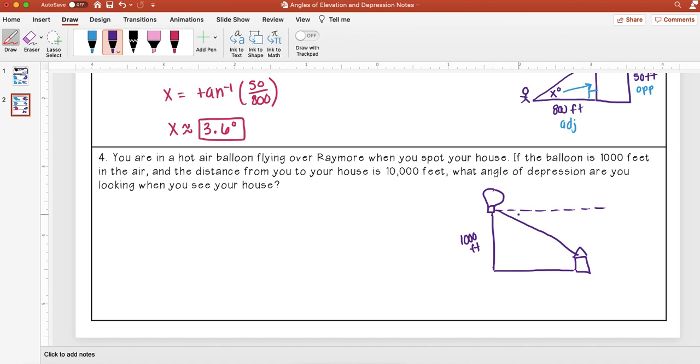So I want to know what that angle is I'm looking down at. But again, with this, I know that this angle is really congruent to this one, so that means that this is x degrees. And the other thing I know is that the distance from you to your house is 10,000 feet. So that distance here is 10,000.